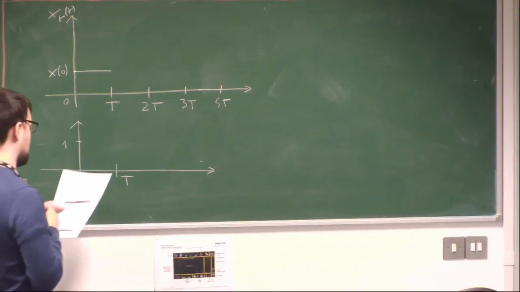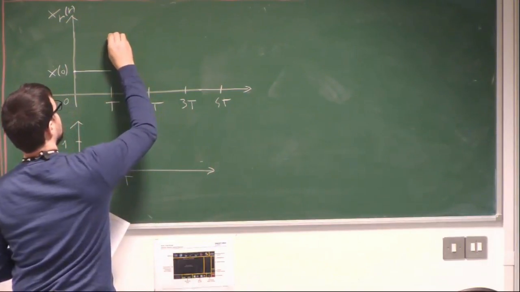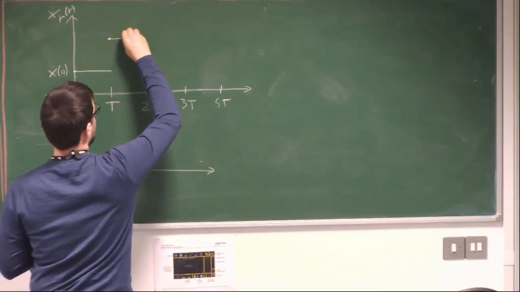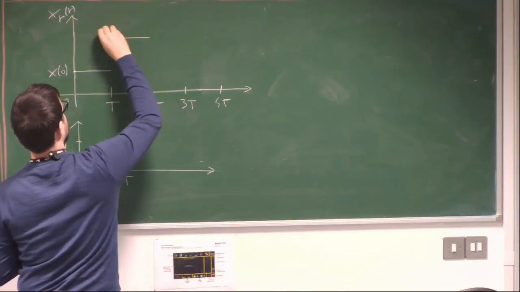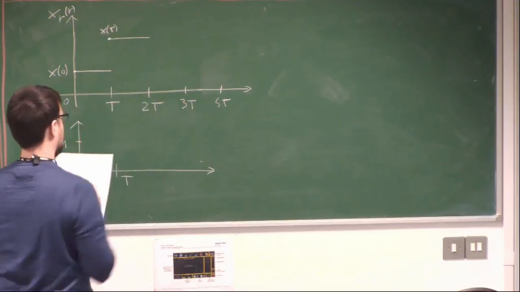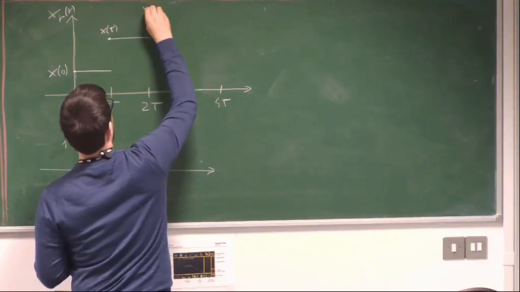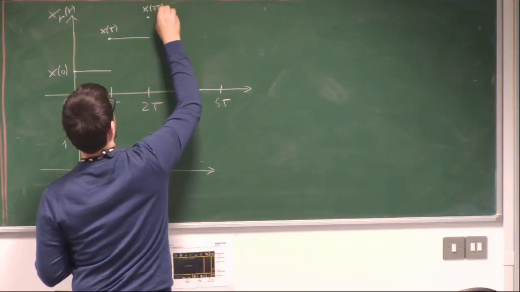Now we measure the next sample, and for instance we end up over here, and then it keeps this constant up to the next sampling time. So this is x(t). And then again, let's say that this is x(2T).